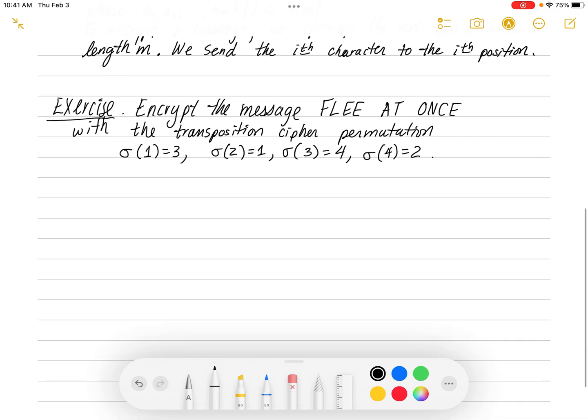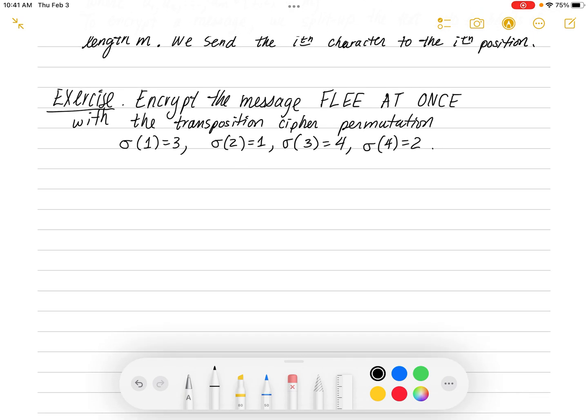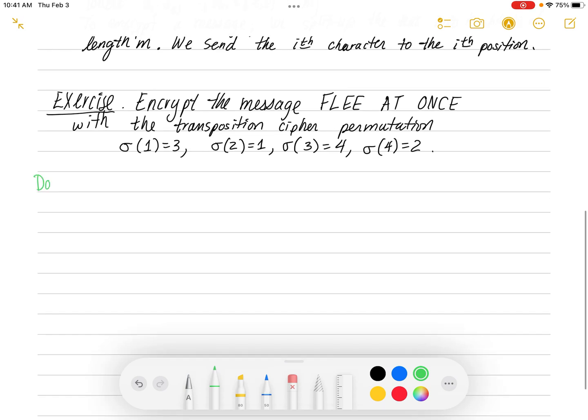Now let me actually show you what's happening with this permutation. So the idea is a permutation is a function. You have a domain, those are the inputs, and a range. So the inputs are 1, 2, 3, and 4. Your function is called sigma, and your range consists also of 1, 2, 3, and 4.